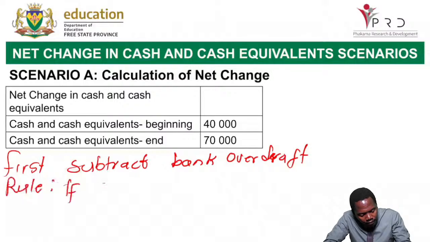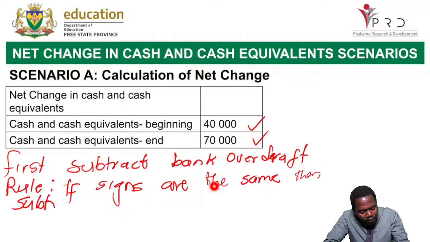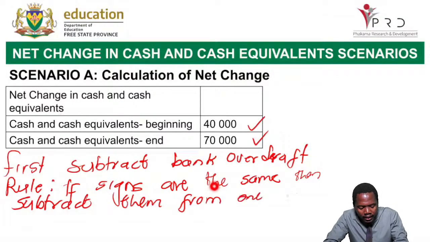If the signs are the same. Which signs am I talking about? I'm talking about cash and cash equivalents at the beginning and cash and cash equivalents at the end. If signs are the same, then subtract them from one another.